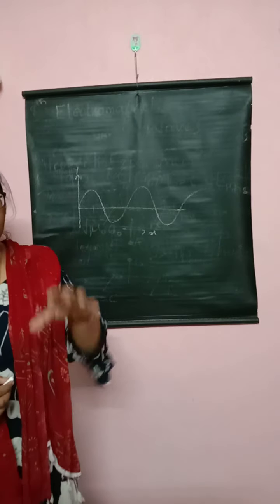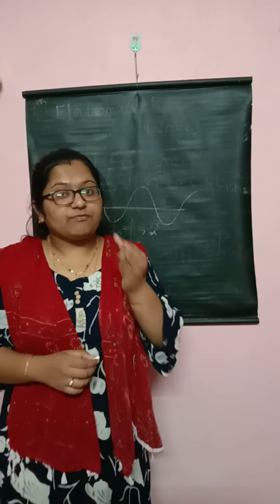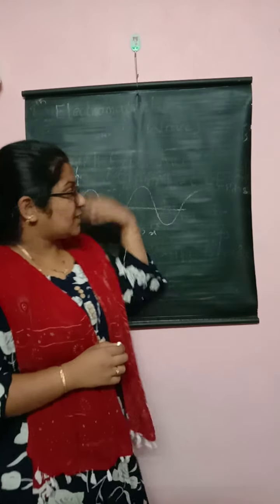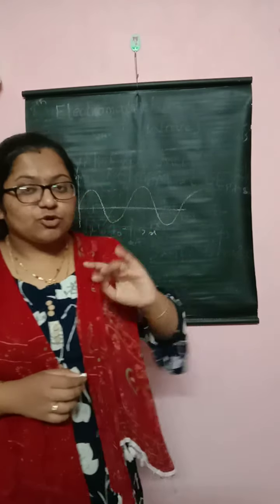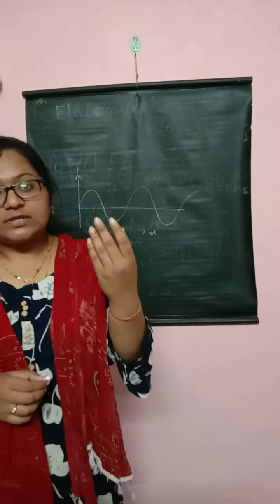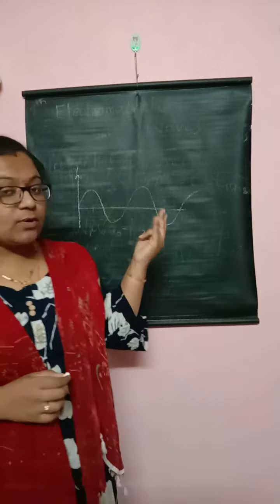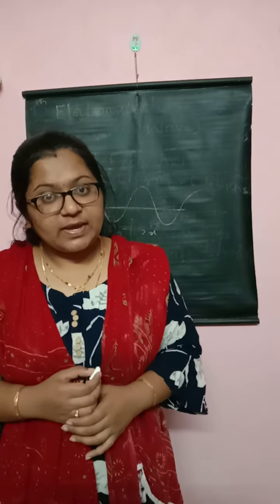There will be time period, there will be frequency. In a normal wave we will be having the time period, frequency, amplitude, and the angular frequency. All those things we will be having.